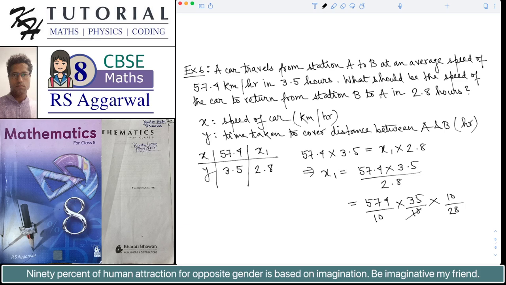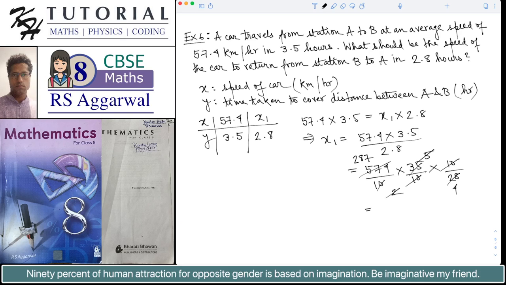So 10 cancels out, and 7 divides 28 with 4, 7 divides 35 with 5, 5 divides 10 with 2, and 2 divides 574 with 287. So this is equal to 287 by 4.